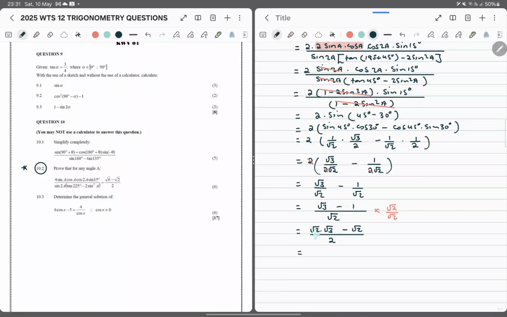Now root 2 times root 3, using surd rules, we will just have root 6, minus root 2 over 2. I'm just showing you all the steps, guys, but this could easily be seen from the above already.